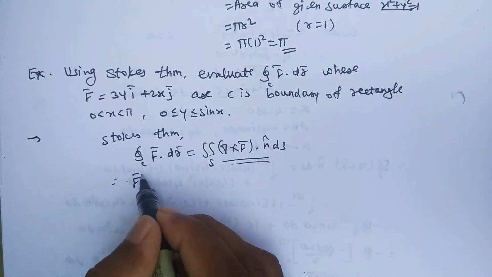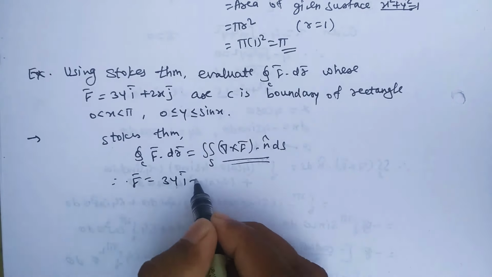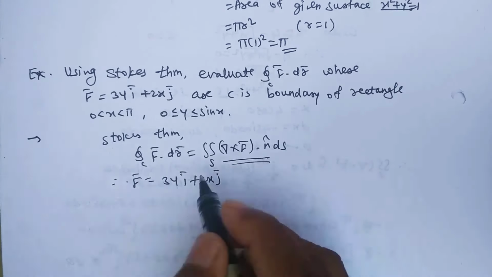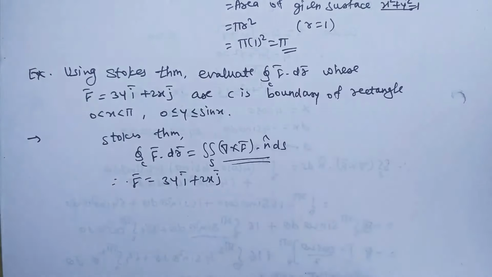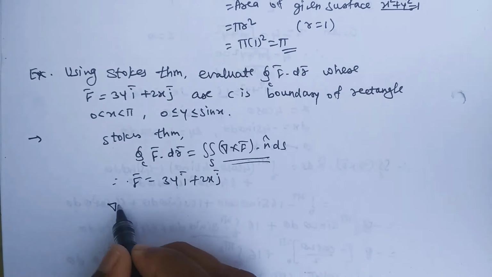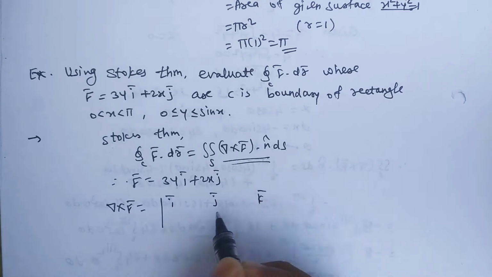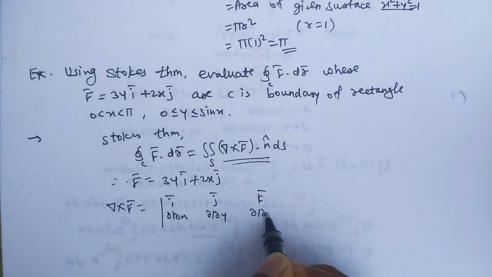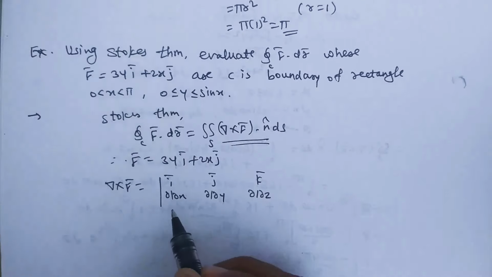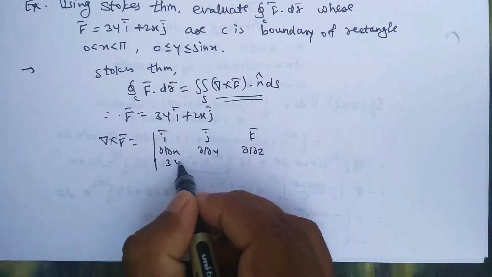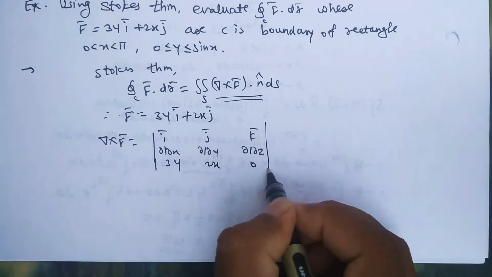So F bar is given as 3y i bar plus 2x j bar, and therefore the value of del cross F bar is the determinant with rows i bar, j bar, k bar; del by del x, del by del y, del by del z; then 3y, 2x, 0.